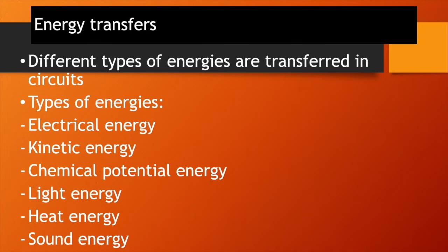For example, electrical energy can flow through a circuit to be transferred into kinetic energy. That example could be a fan, or light energy in a light bulb, or heat energy in the sense of a heater or a light bulb, and sound energy. If the electrical energy were to be transferred, it could turn to sound energy, which could produce a sound.